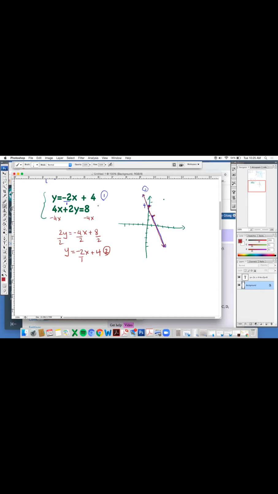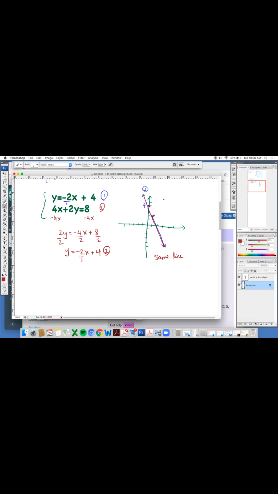So even though you have a system of equations, sometimes this happens: you'll notice that when you rewrite it and graph it, it's exactly the same line. So what do you guys think? How many solutions does this one have? Infinite solutions?